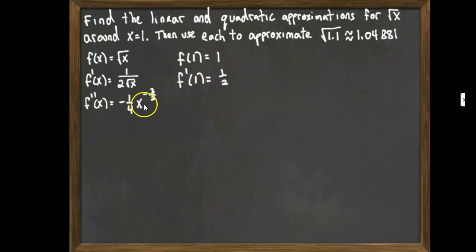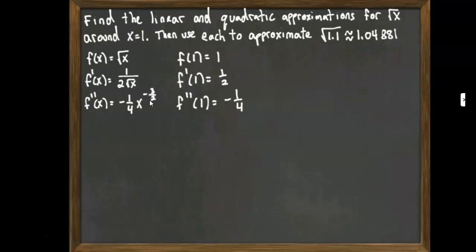And f double prime, well, x to the negative 3/2 evaluated at 1, that would just be 1 to the negative 3/2, but 1 to anything is just 1. So f double prime of 1 would just be negative 1/4. And so now at this point we can write out our approximations.